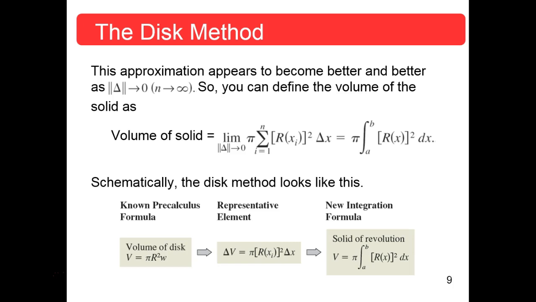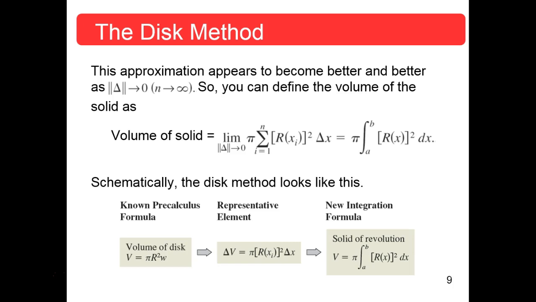Your r squared, that's the radius squared times your delta x, that's going to be the area. Pi r squared is the area of the disk, and delta x is the thickness of the disk. So this then becomes pi times the integral from a to b, a is the one endpoint, b is the other endpoint, of r of x squared dx. Okay?